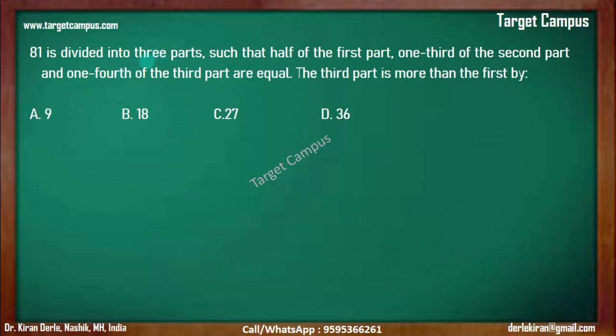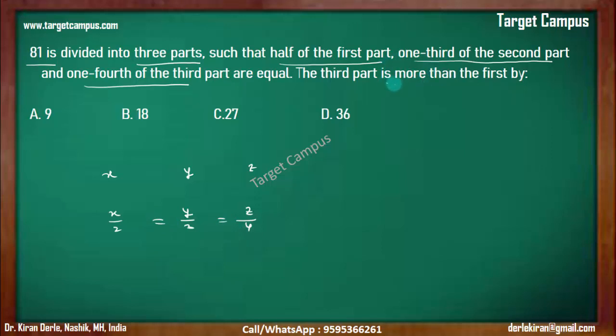81 is divided into three parts such that half of the first part, 1/3 of the second part, and 1/4 of the third part are equal. So let's say first part is x, second part is y, and third part is z, right?